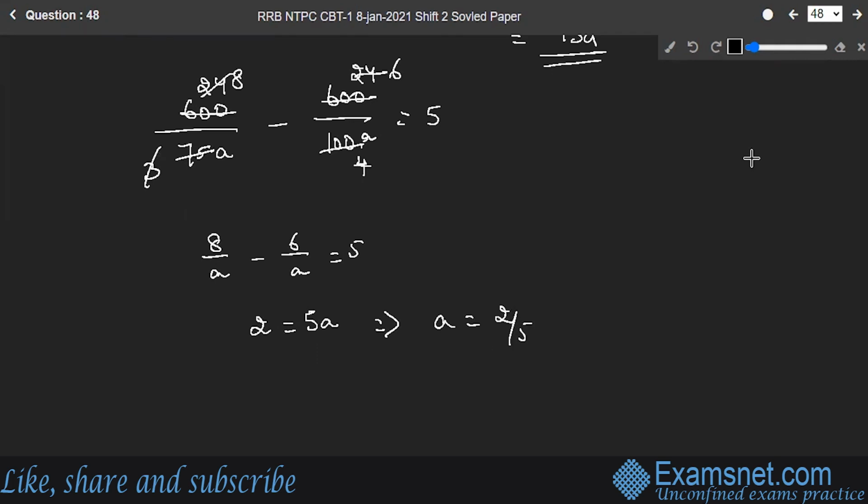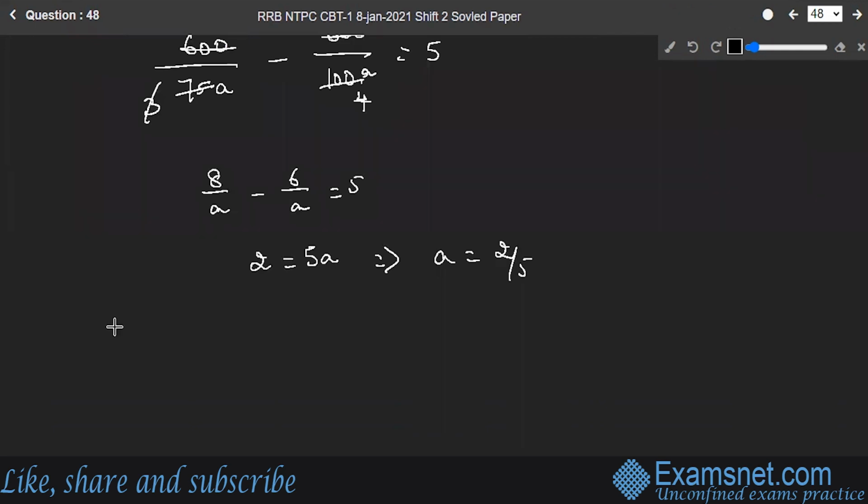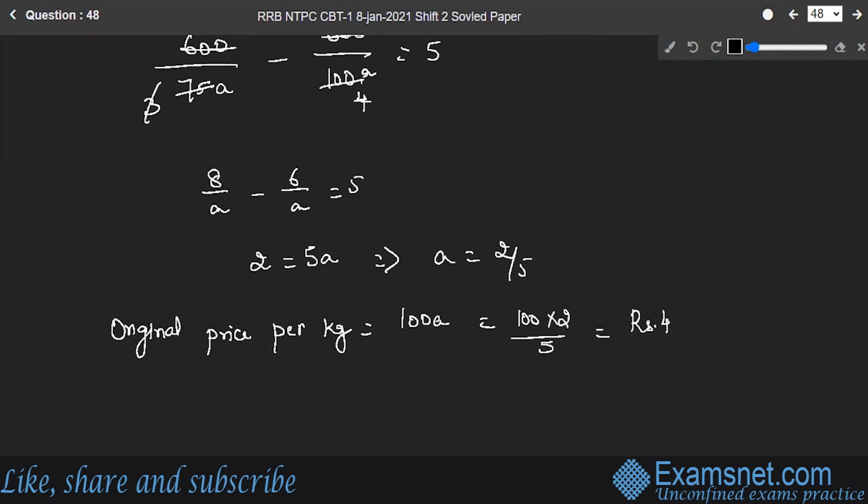This is the value of A. Now, the original price per kg was equal to 100A, which is equal to 100 multiplied by 2 by 5, which is equal to rupees 40.